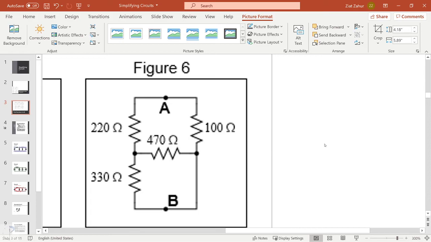Okay, our goal is to use the strategy, basically, draw the current flow diagram, and then redraw the circuit. Okay, find which ones are parallel, which ones are series, simplify it, and this will help immensely.